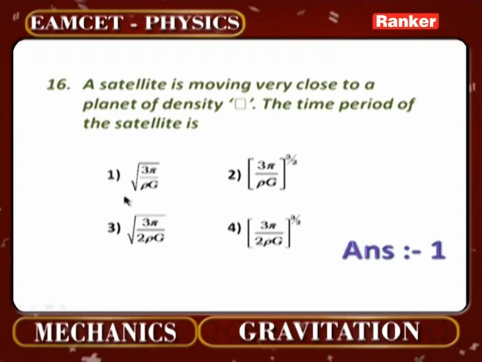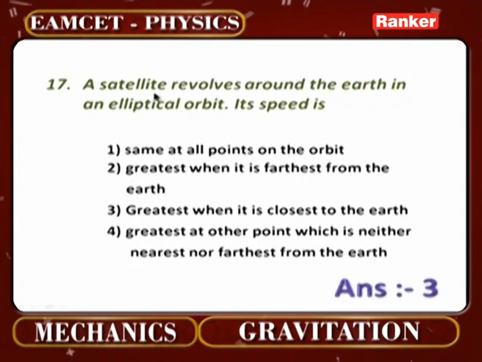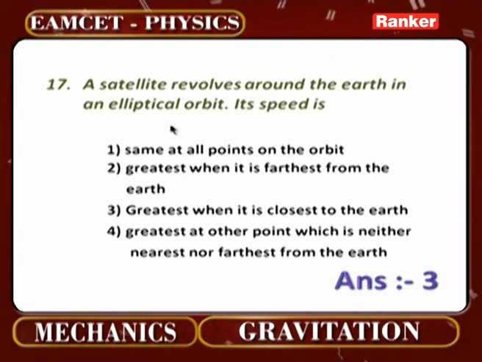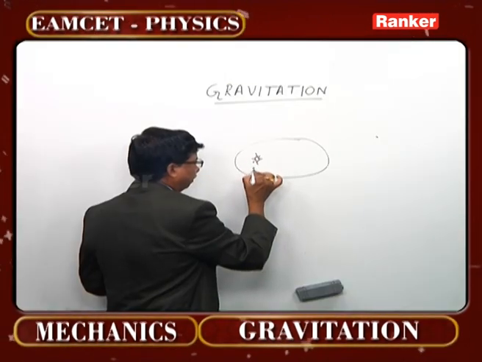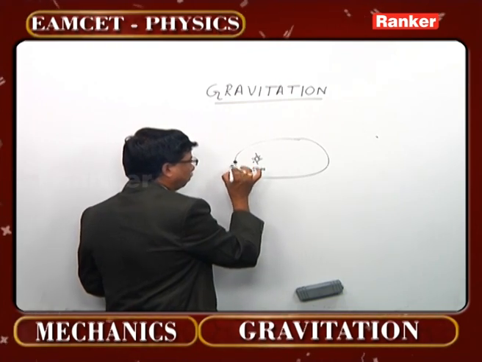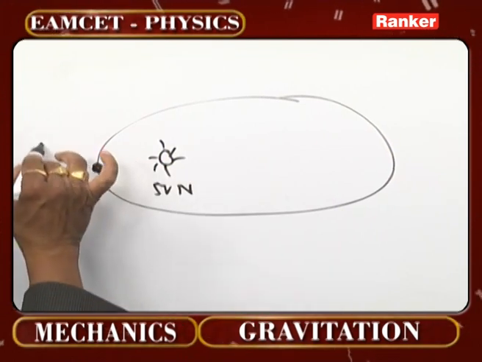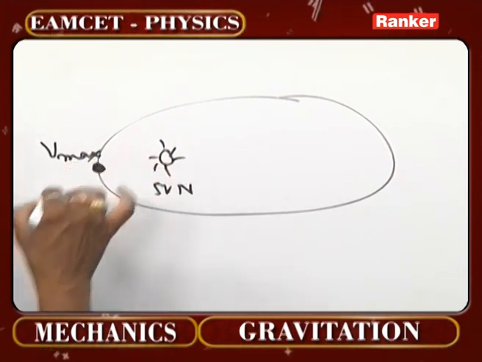Let us now check the next problem please. That is question number 17. A satellite revolves around the earth in an elliptical orbit. Then what happens? In fact, you all know according to the concept of Kepler's second law, when we consider an elliptical orbit, if this is the position of the sun, then you can understand when the planet is very close to the sun, its velocity will be maximum.